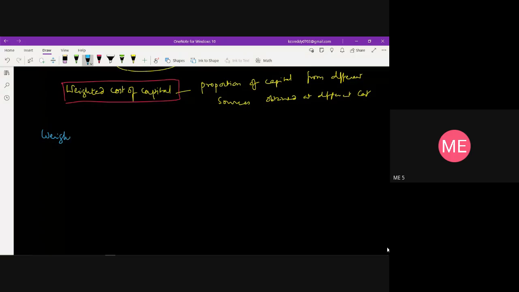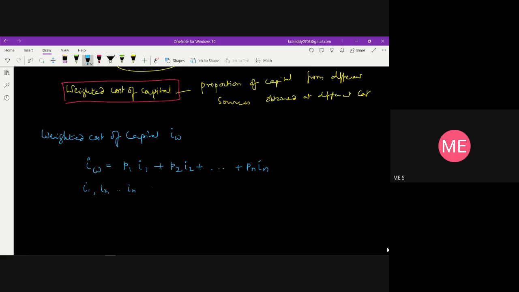Here, weighted cost of capital, which I represent as IW, can be obtained from P1 into I1, plus P2 into I2, the proportion value with the rate of interest, and so on for the different n sources. Here, I1, I2 and so on, In, are called rates of interest for various sources of finance, because from each source of finance there will be a rate of interest.